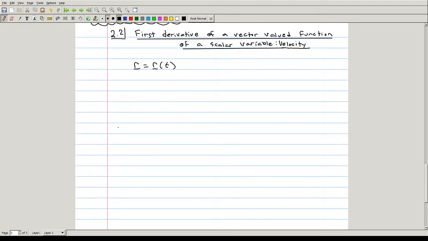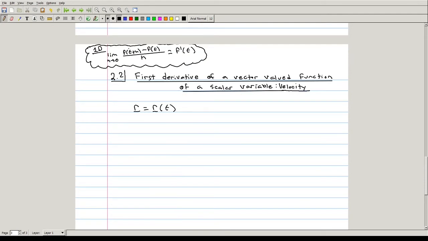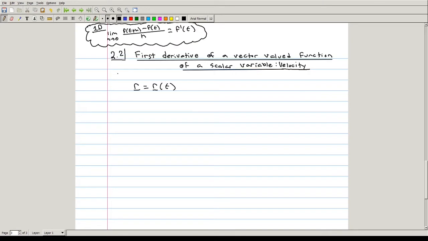And think about what the most logical way of defining the derivative of a vector valued function of a scalar variable is. We can almost directly extend this idea, and we're going to investigate for the helix and for some other examples exactly what the best way of extending this idea is.